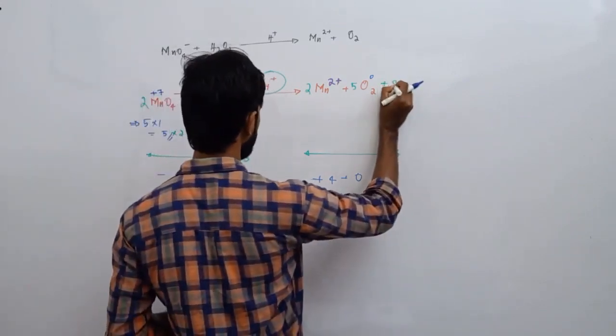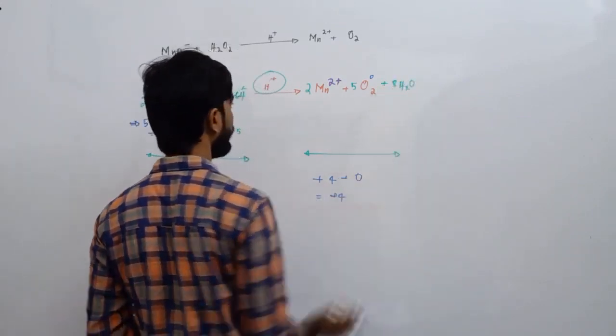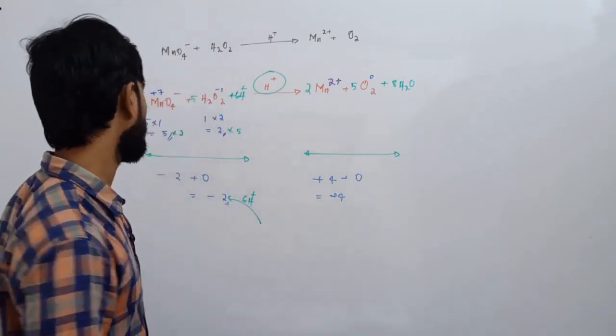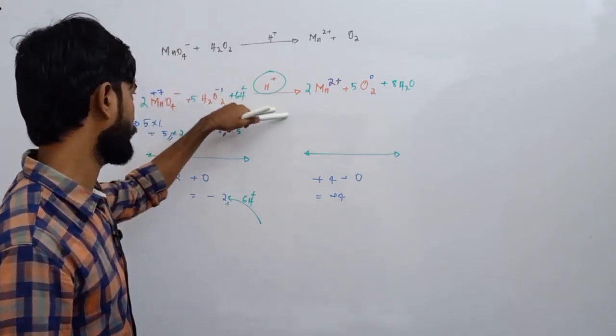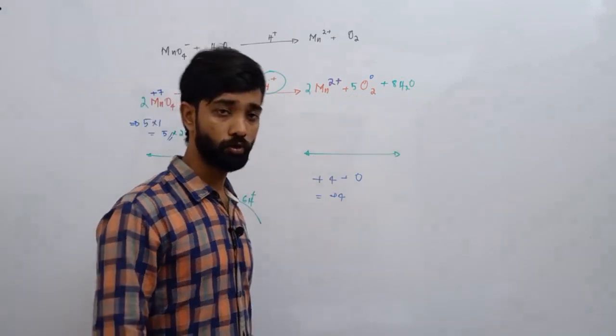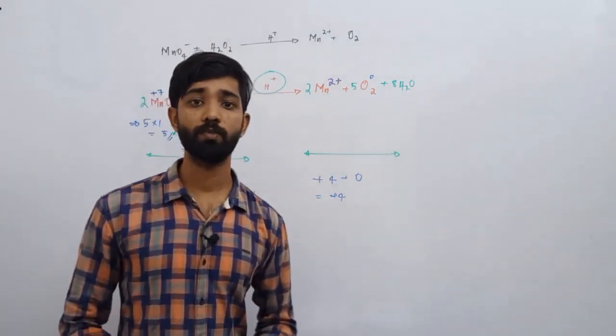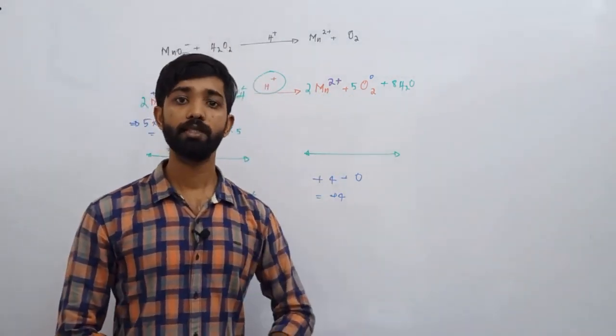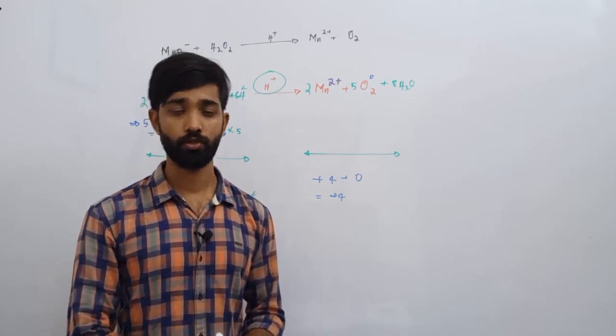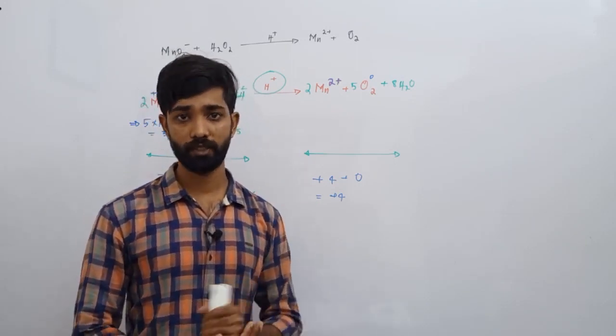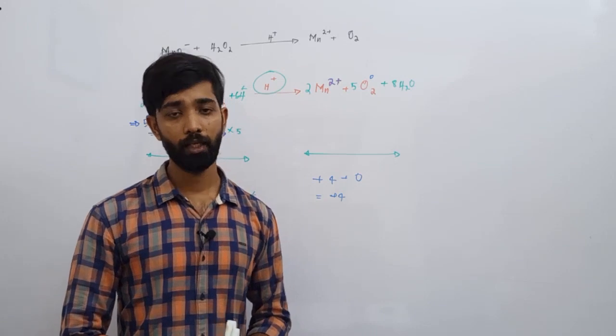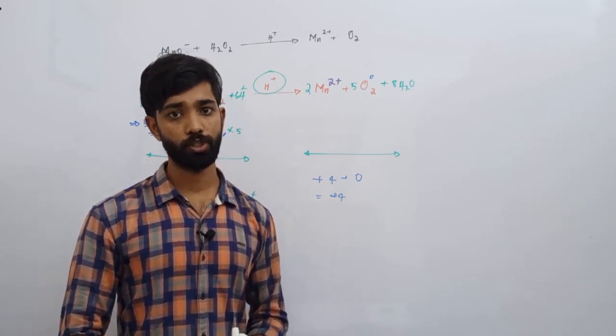On the right side there is no hydrogen, so it will be 8H2O. Check the number of oxygen: 8, 10, 10, 8. So oxygen is balanced, and now the reaction is balanced. This is how the oxidation methods proceed. Let me balance the disproportionation reaction also.